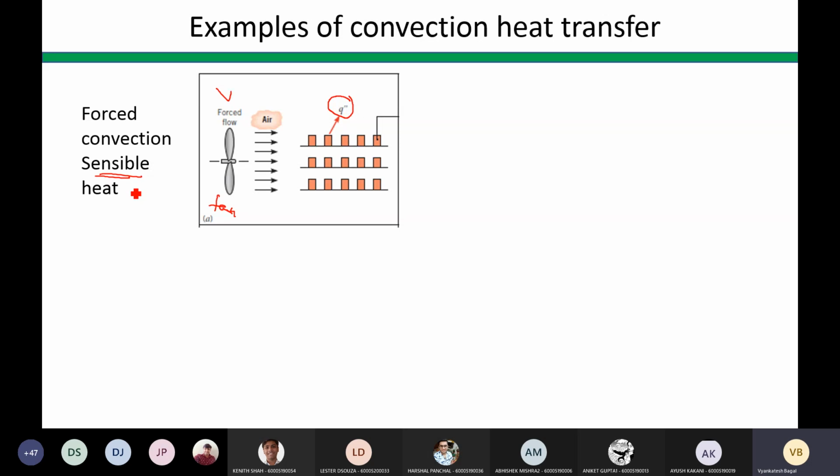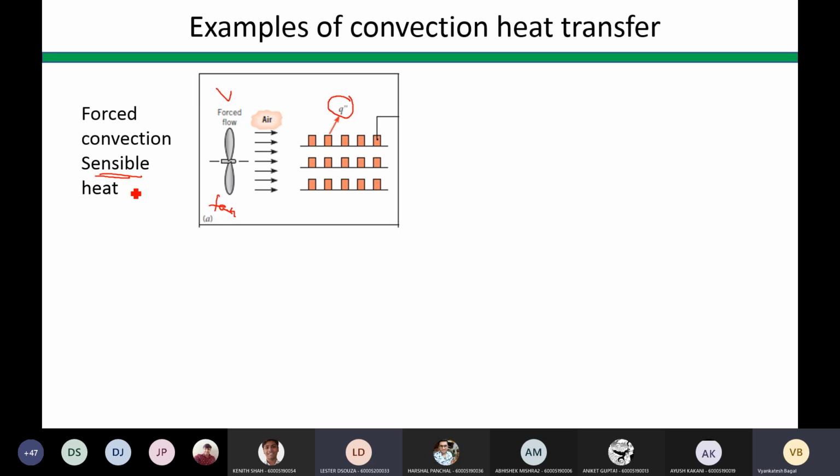You already know what sensible heat and latent heat are. You have studied them right from your 10th physics to even thermodynamics. What is sensible heat and latent heat? Sensible heat, there is a temperature difference. And latent heat?